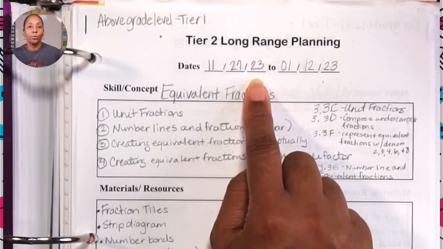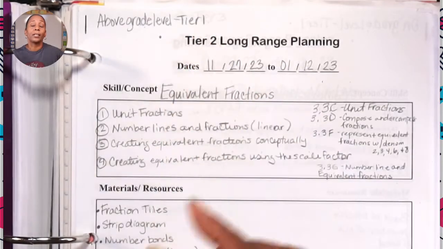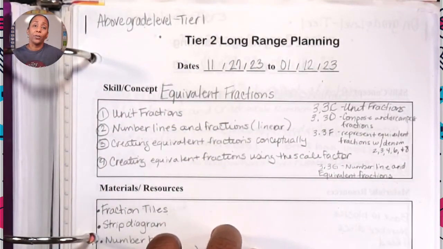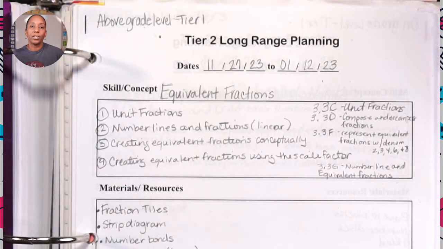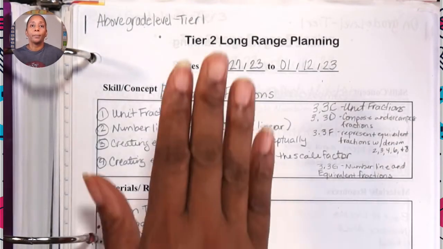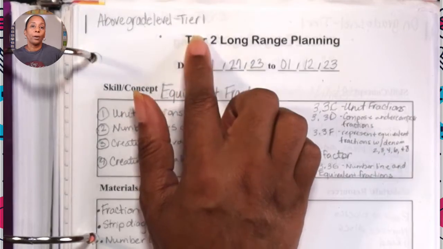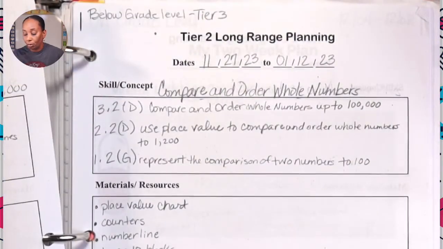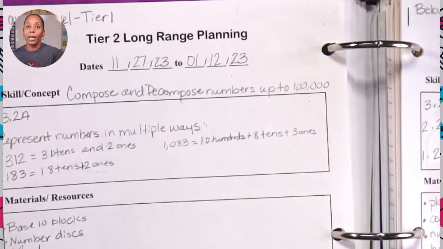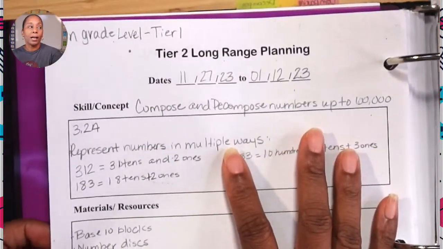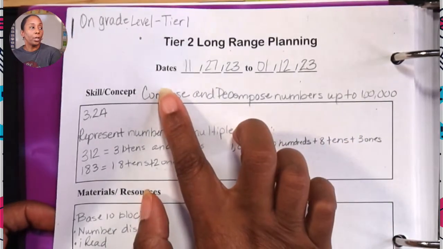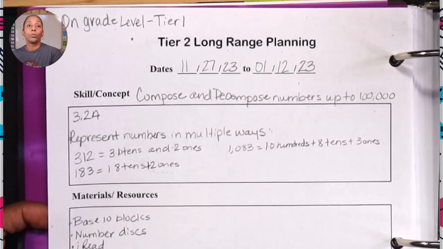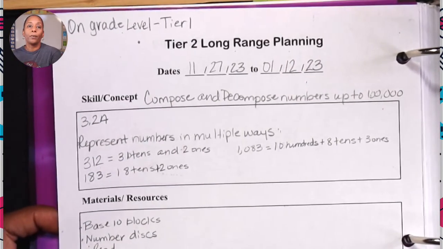Now, tier 2, I have a tier 1 and a tier 2, because my higher level kids, and if you don't have any, you'll just have a tier 2 intervention plan. But I had some kids that were above grade level. So what I did is I was moving them along. So if you look here, this was my tier one on grade level, but I had three groups of students that were above grade level.